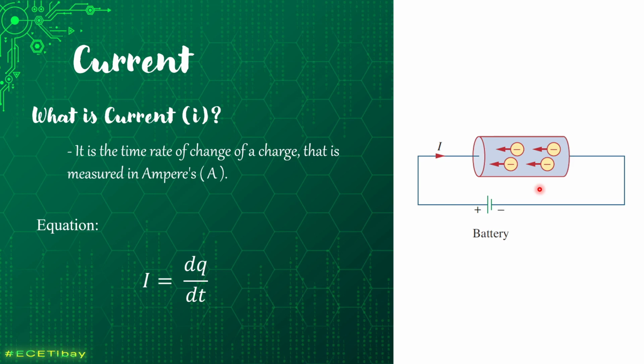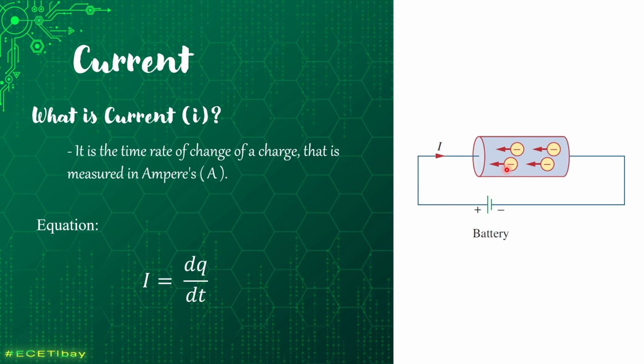If there is a flow of electrons, there is a change of charge in that particular area. Since there is a change of charge, that change of charge is a current. So the movement, or the flow of the electrons, is current.